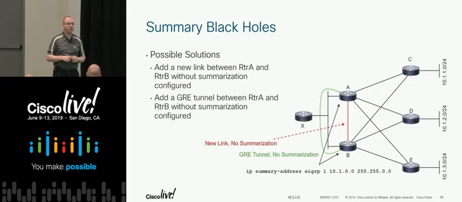You simply need to have an extra link between those two routers that allows EIGRP to exchange unsummarized details, in which case A can understand that it can still reach the spokes through B, which it didn't understand so far because of the summary. So this would be the approach here.